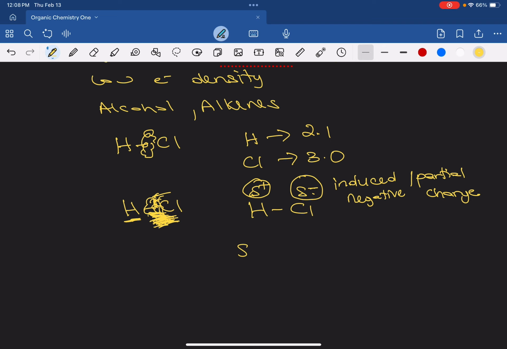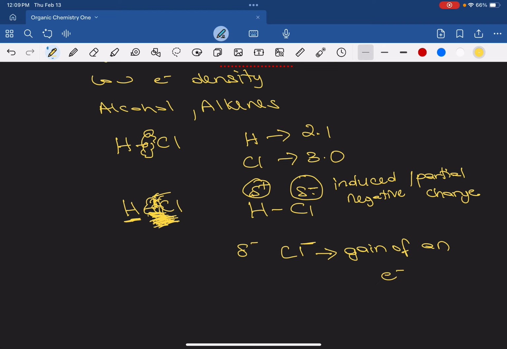Now, this is completely different from a negative charge that is on an anion. This is a full negative charge, right? This right here is a full negative charge. Remember, Cl minus is formed by the gain of an electron.